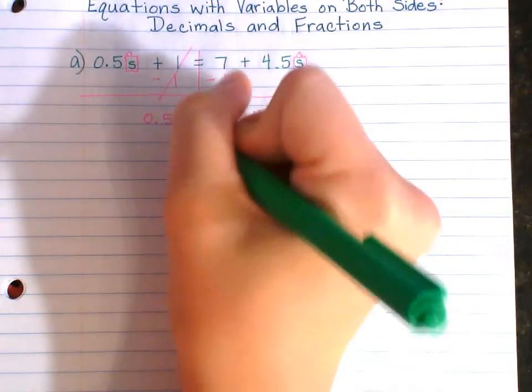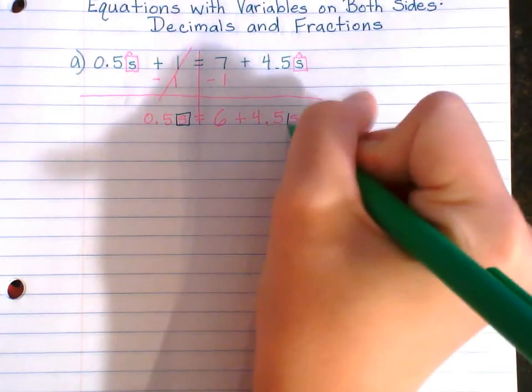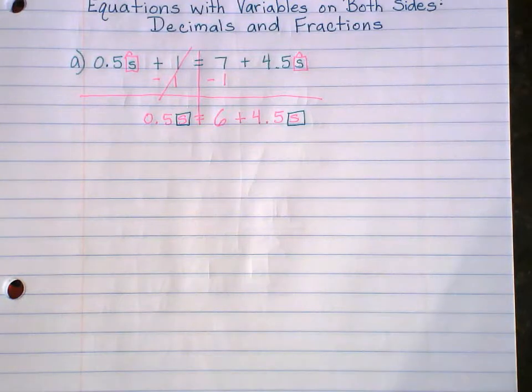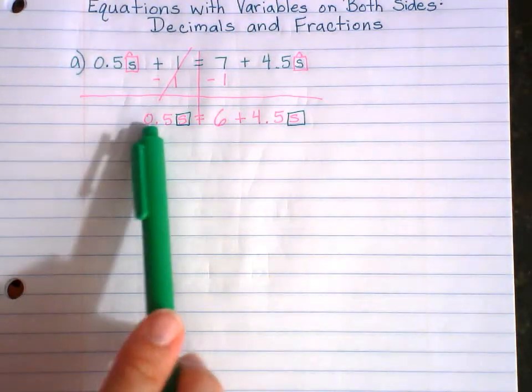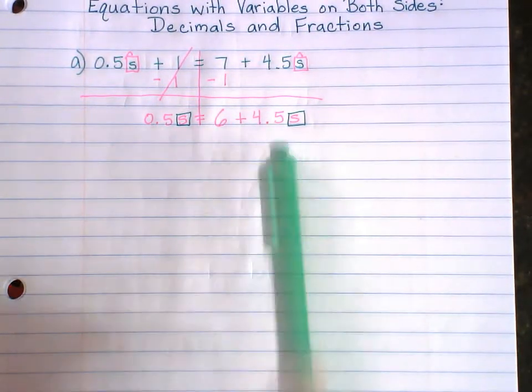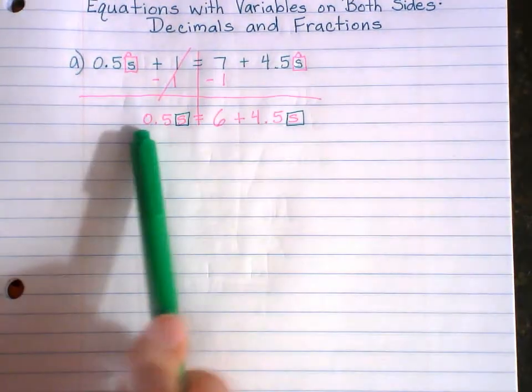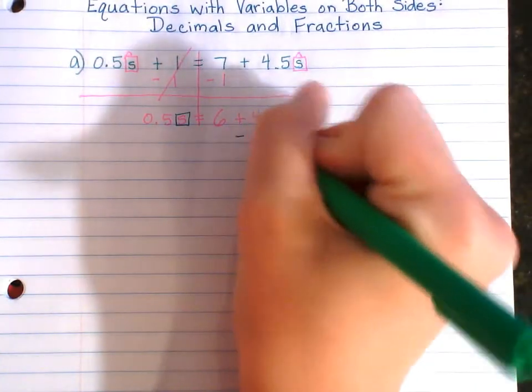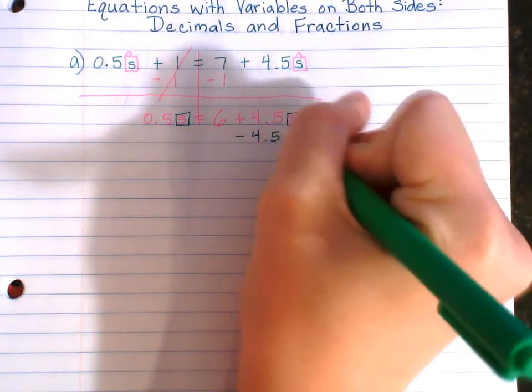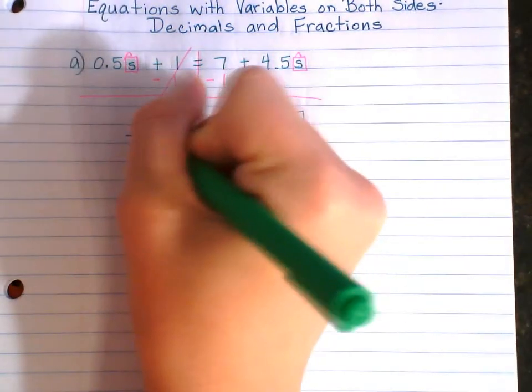All right, but now we got to combine the variables. Yes, you could subtract 0.5s, but then eventually you're going to have to move it back over here. So I'm just going to subtract 4.5s from both sides.